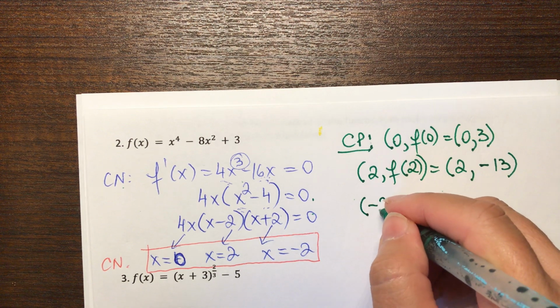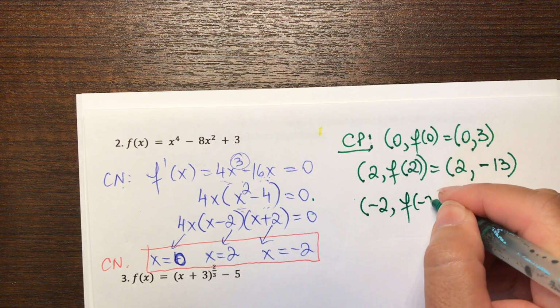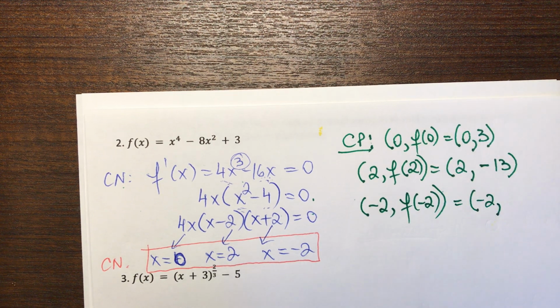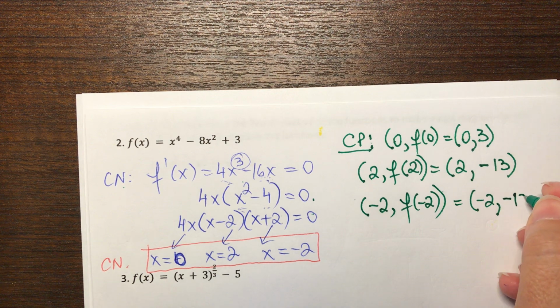And finally, the last one is negative 2, and then again, that's a positive 16. Still minus 32 and then plus 3, that should also again be a negative 13.